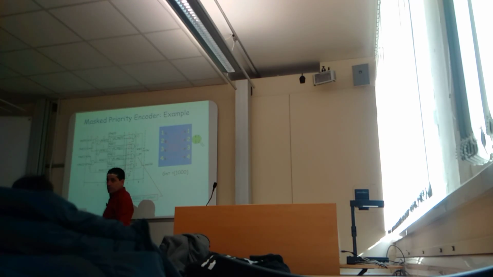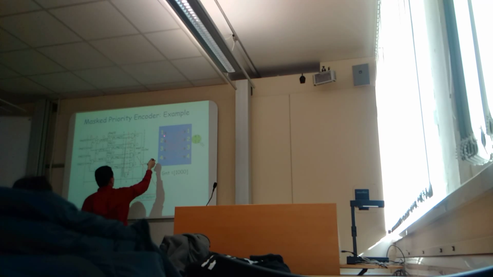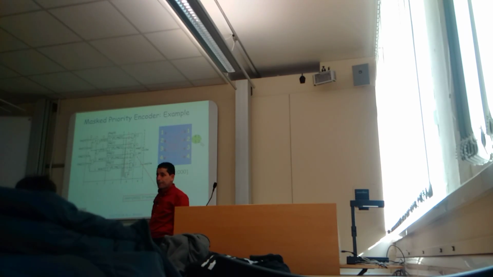I should make sure that my masked pointer is 1, and the request is also 1, the request vector. This is the request vector. When I say request 0, it means do I have a request coming? And you AND them together.